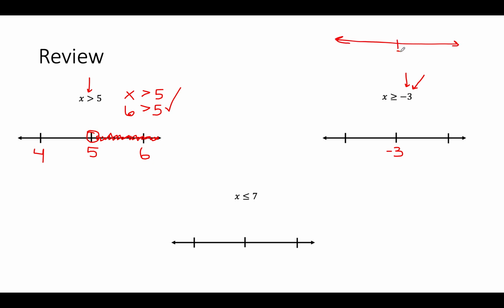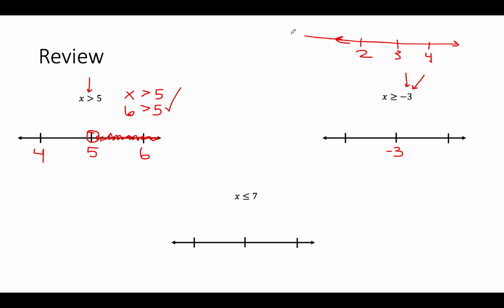if this was a positive 3, one number bigger would be 4, one number smaller would be 2, right? So we have 2, 3, 4. If that was positive. Since it's negative, again, remember, negative mirrors positive.